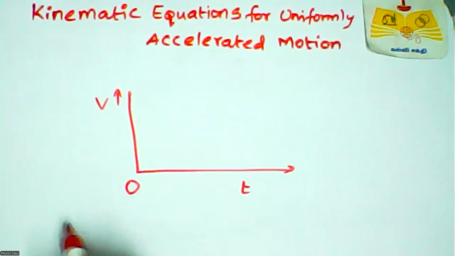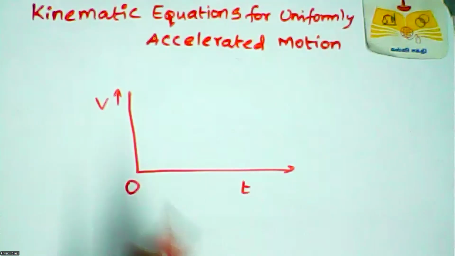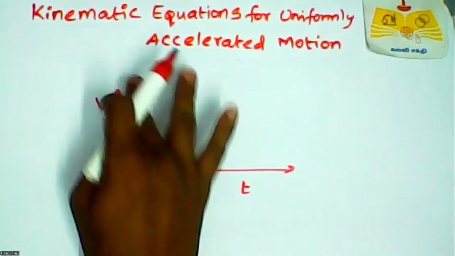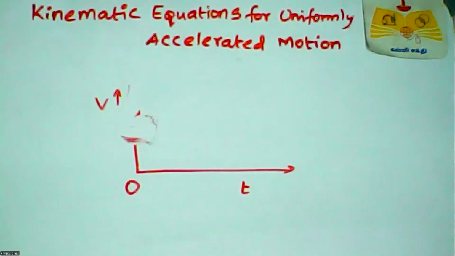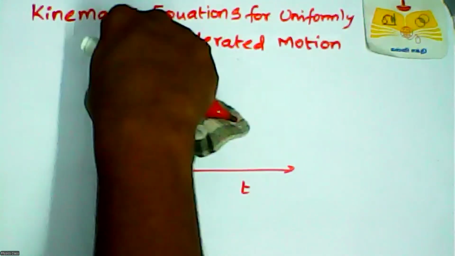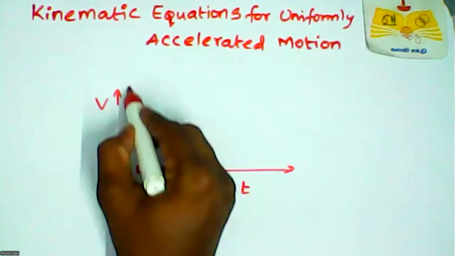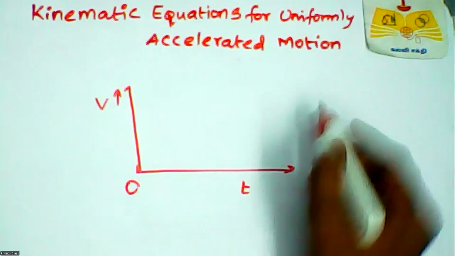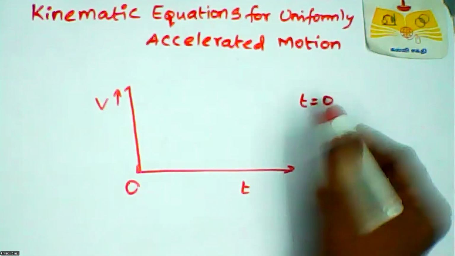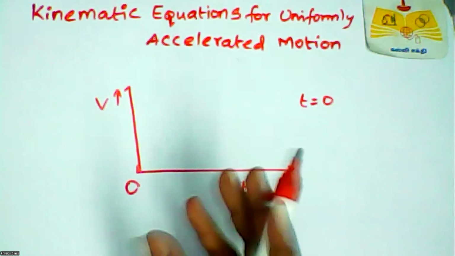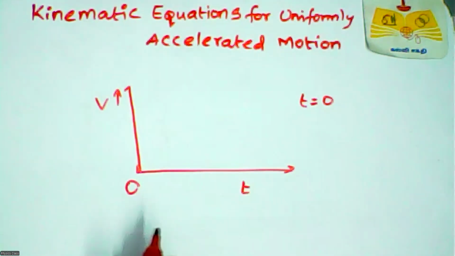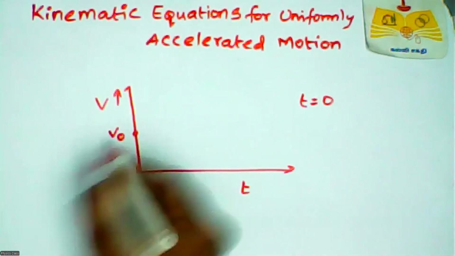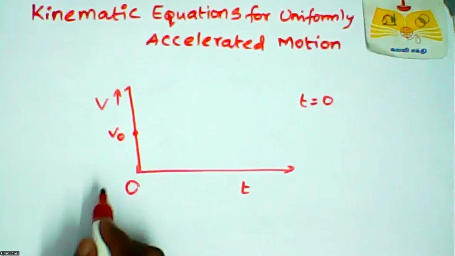This is origin O. Uniformly accelerated motion means the object at time equal to 0 has some initial speed or initial velocity. So that's why in your book there is a v naught here. v naught means initial velocity.